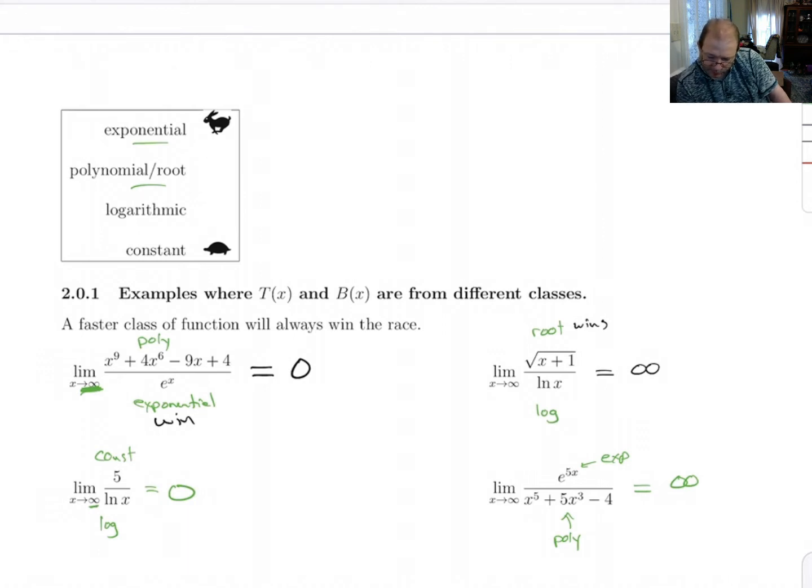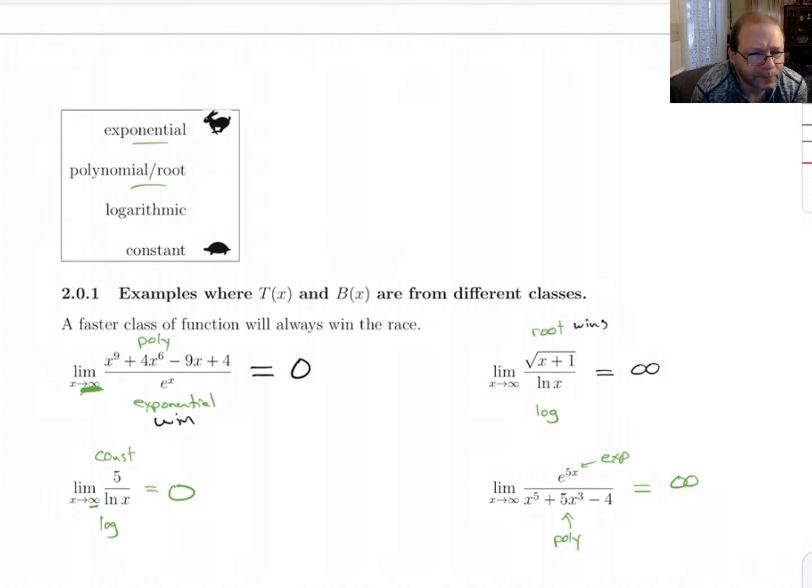If you use L'Hopital's rule 5 times here, eventually the bottom would just be a constant, and the top would still be an exponential every time you use L'Hopital's rule one more time, although it's going to get multiplied by 5 each time. So that's going to go to infinity.